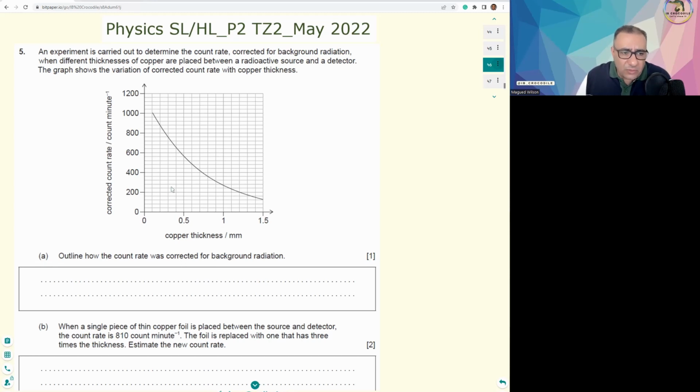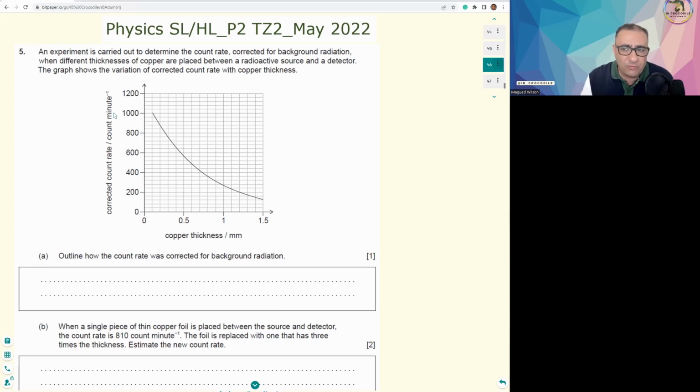So first of all, let's see what we have on the y-axis. We have the corrected count rate in counts per minute, which we call the activity. The activity is the number of decays per unit time. Here, that unit time is the minute. I need to watch for that because I can use minutes as long as it is consistent in the calculations.